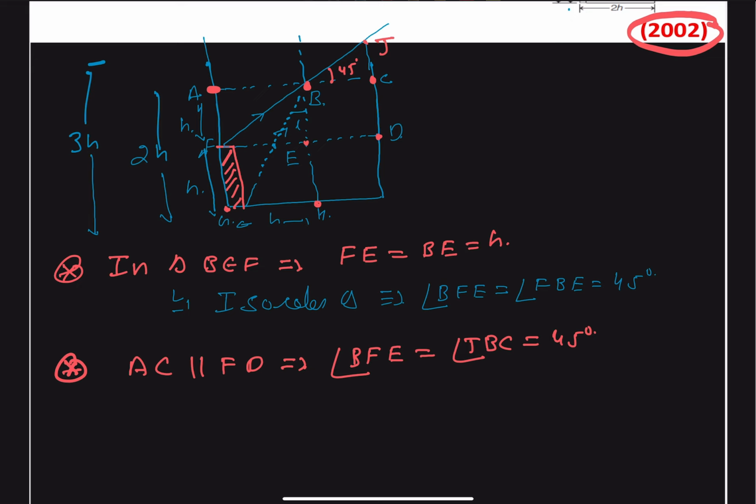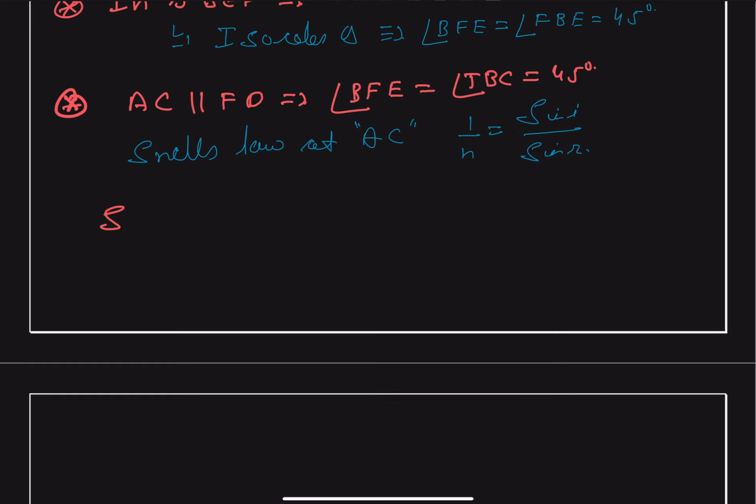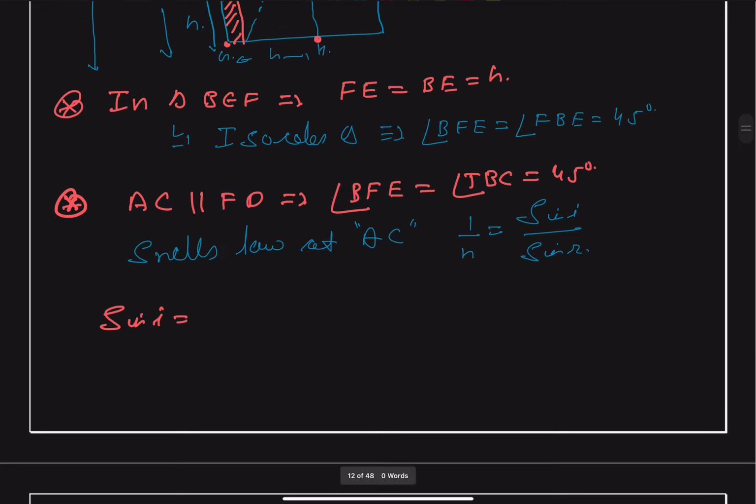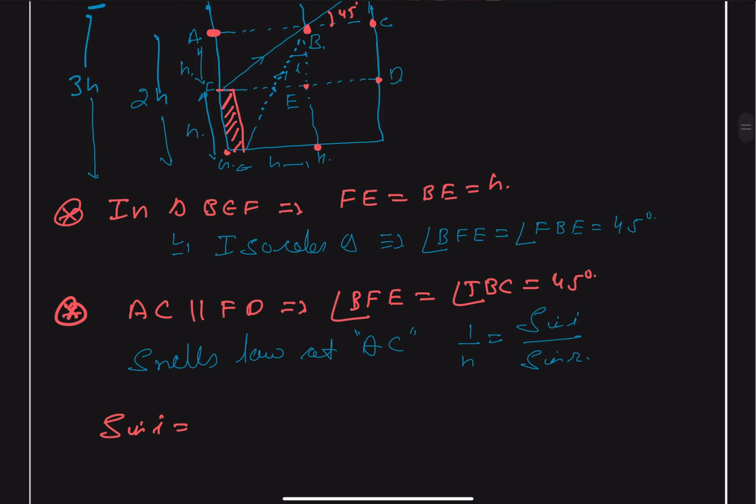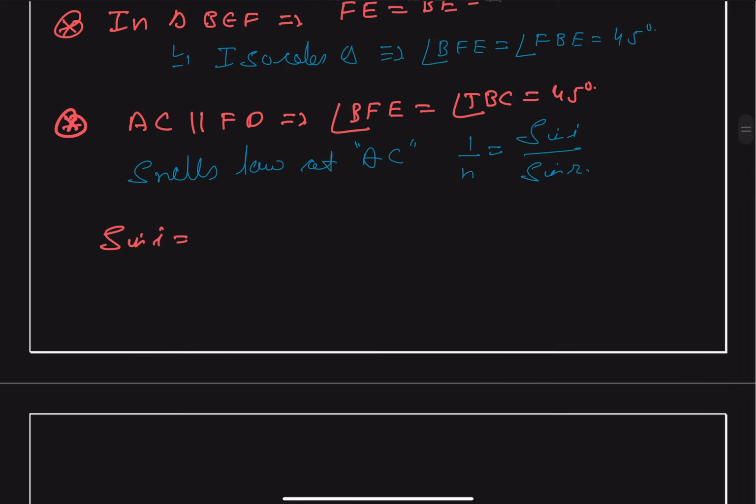So at surface AC, we can write that 1 upon the refractive index will be equal to sine of I divided by sine of R. And we can find out our sine of I. We can say that sine of I will be equal to GH upon GB.